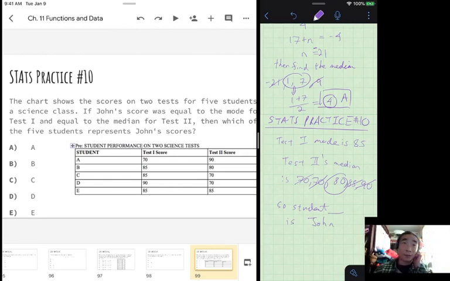Okay, last one. You figured out the mode. You're looking at the median from an odd numbered data set. You see that John has to be which letter? Which student? Okay, a complete guess. 20% chance of getting it right because we have 5 choices here.